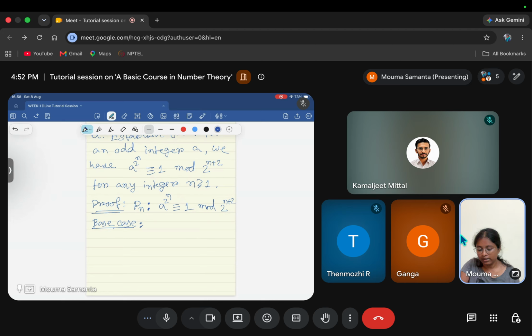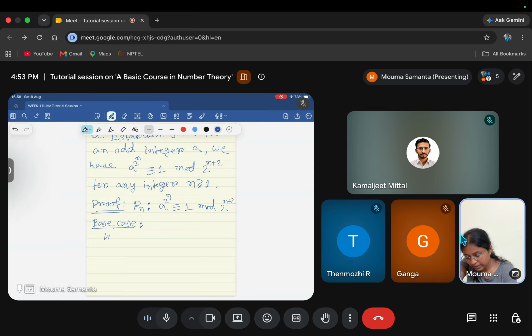Since I am proving the whole question, I am not dividing it in two parts, but in an exam this base case can also occur as an exam question.